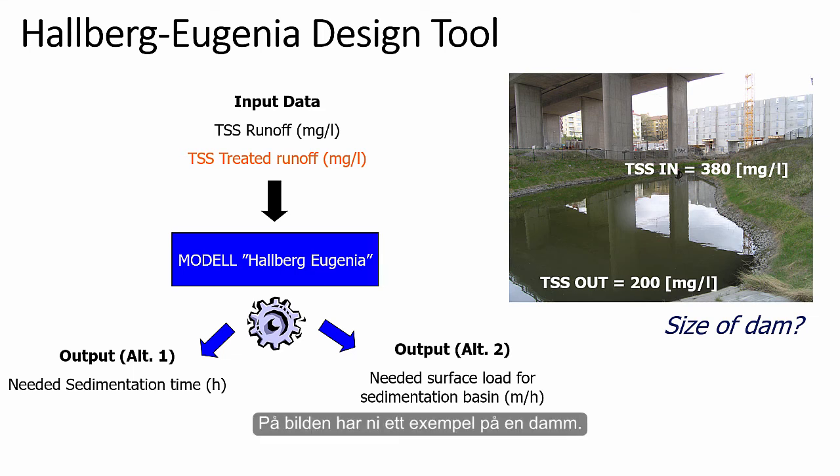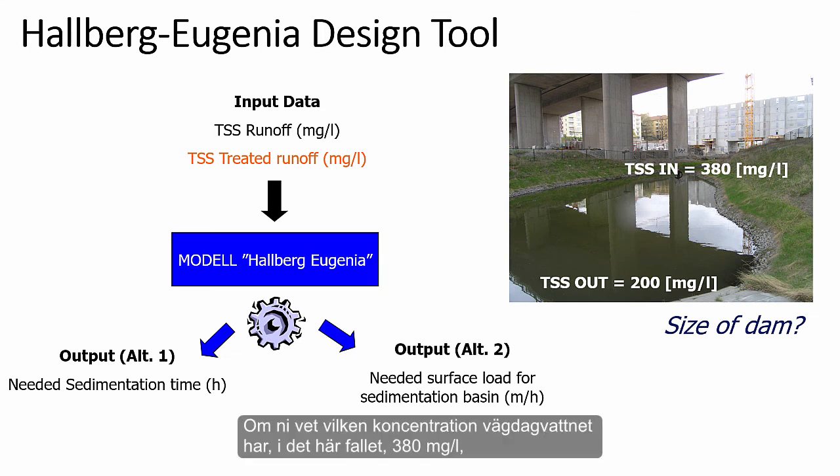On the picture you have an example of a dam. If you know the inlet concentration, in this case 380 milligrams per liter, and what you want out from the dam, 200 milligrams per liter, then you use the model and you can calculate how big your dam is going to be.